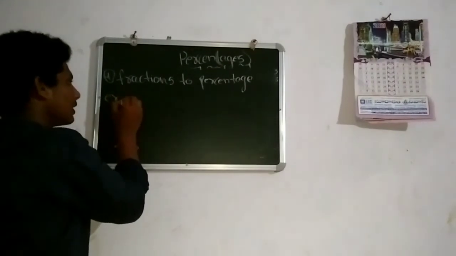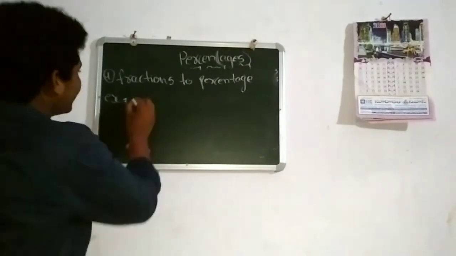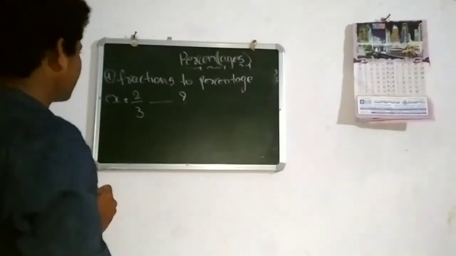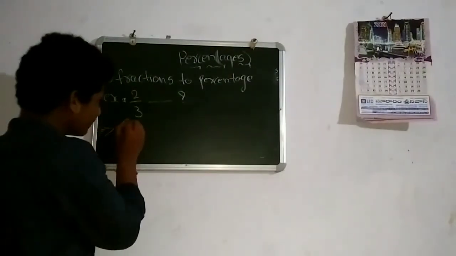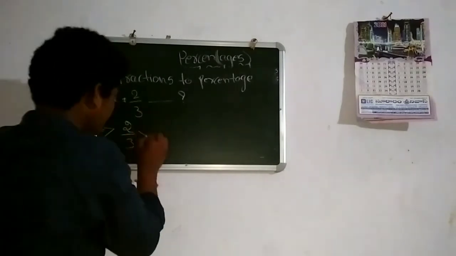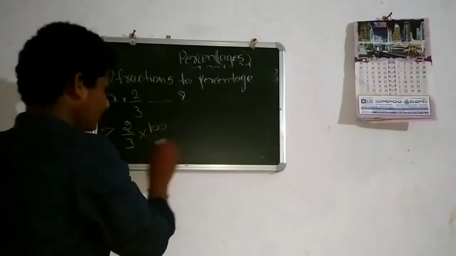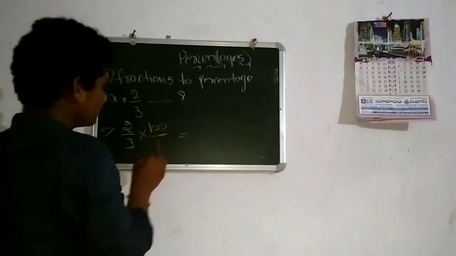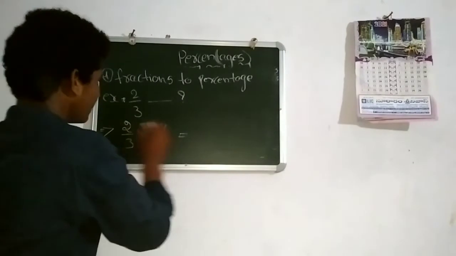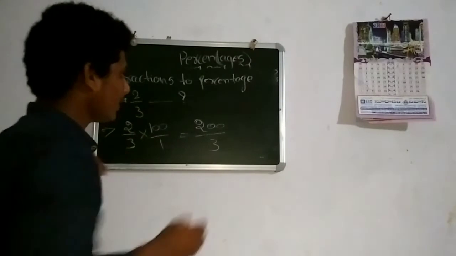The example I take here is 2 by 3. Convert this into percentage. Simply I take 2 by 3. Percentage we keep here 100 by 1 only. If you don't know, keep 1. 200 by 3. Divide this simply.